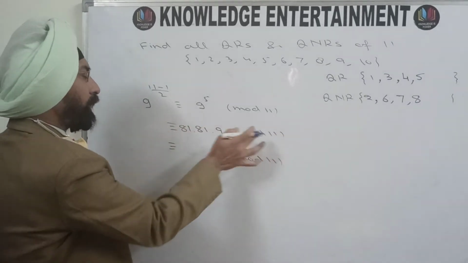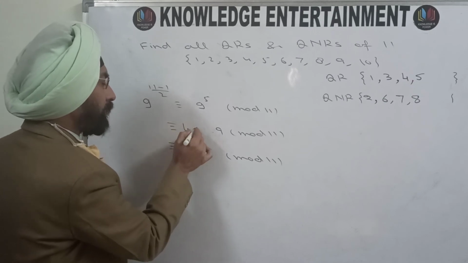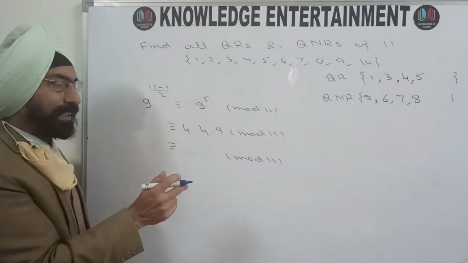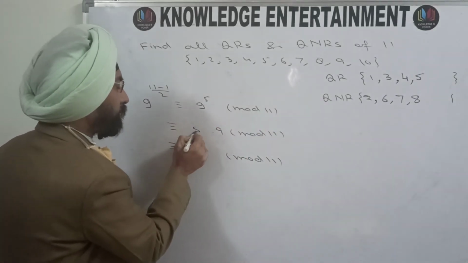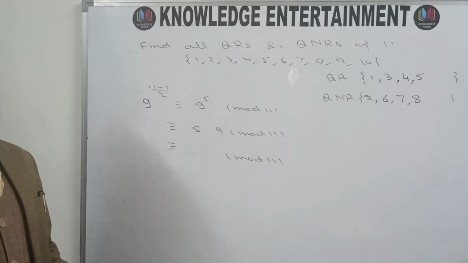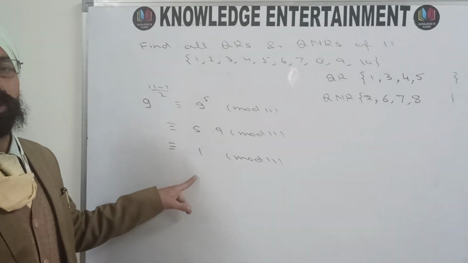So 81 divided by 11 will give you the remainder 4. This 81 once again will give you the remainder 4. 4 into 4 is 16, and 16 divided by 11 will give you the remainder 5. 5 into 9 is 45, and 45 divided by 11 will give you the remainder 1. So this once again comes out to be 1.